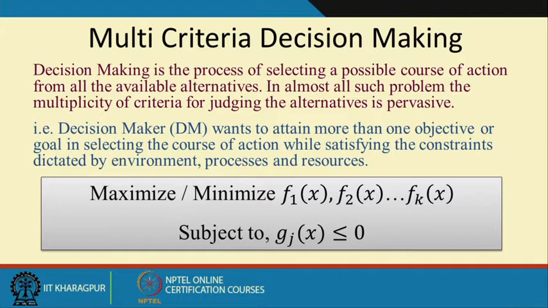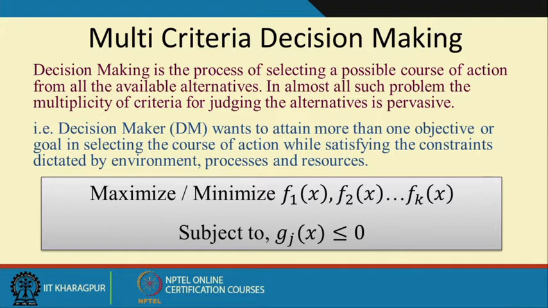But one thing you have seen, if I define a multi-objective decision making, we use the term multi-criteria decision making, because you have seen in my previous class that there were several criteria together and we were optimizing all the criteria simultaneously.